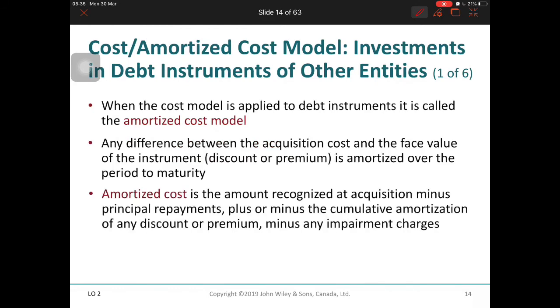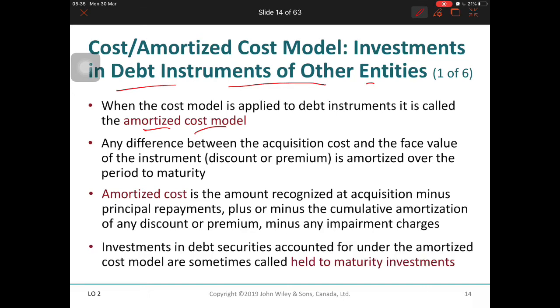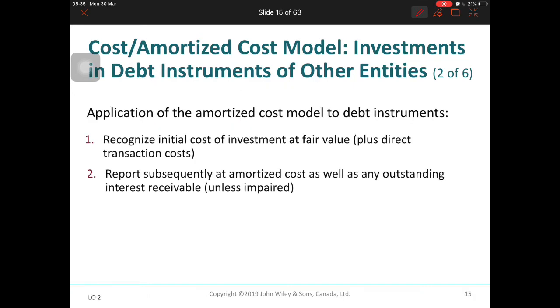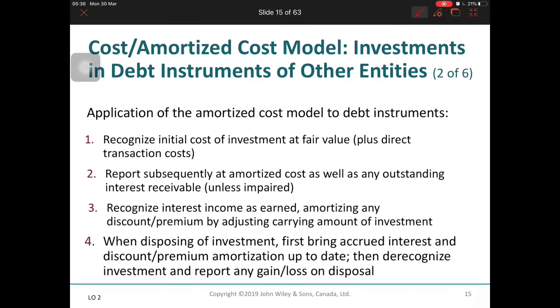This is the amortized cost model for the debt instruments of other companies. First, recognize the initial cost of investment at fair value plus direct transaction costs. The second is report subsequently at amortized cost as well as any outstanding interest receivable.